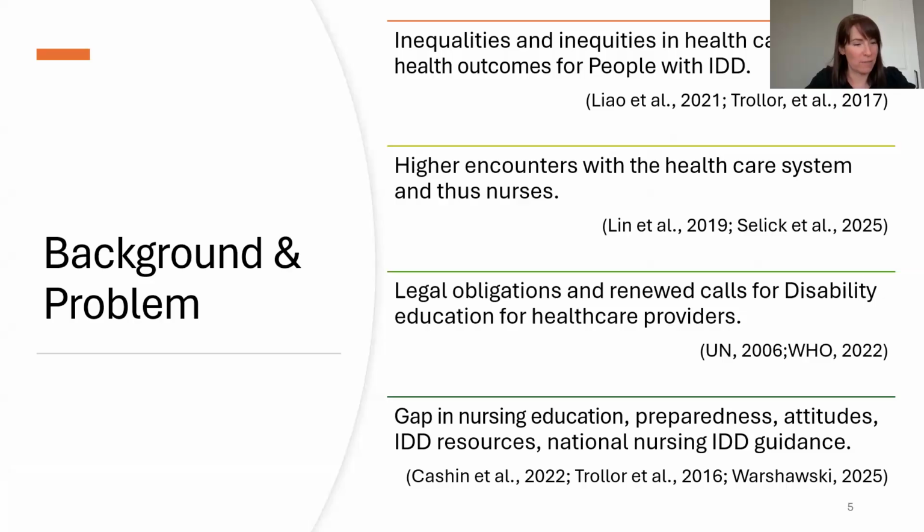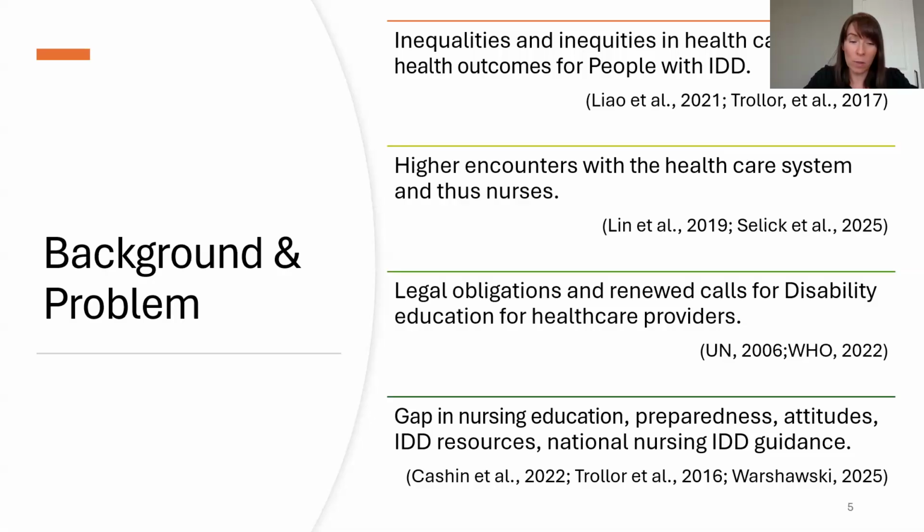So to start our journey for today, I'd like to explain why research about pre-licensure nursing education, about people with IDD, and a toolkit are needed. People with IDD experience higher rates of physical and mental illness compared to folks without IDD.